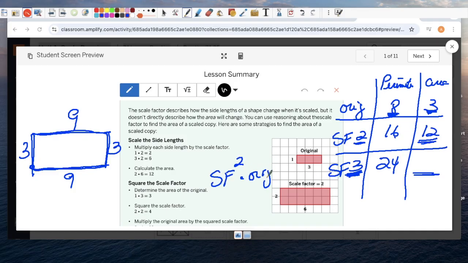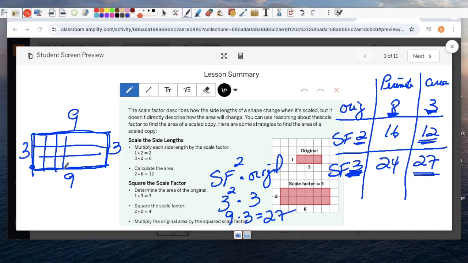So the scale factor that we're talking about is 3, so take 3 to the second power times the original area, which is 3. 3 to the second power is 9, and then times 3 gives you 27. And notice that it matches. There's 27 square units in that.